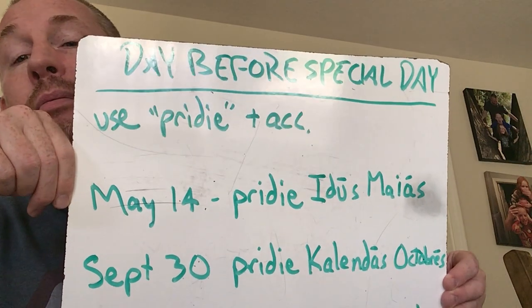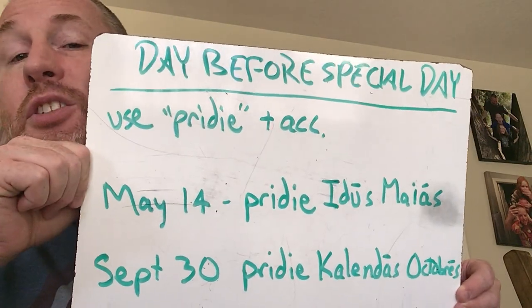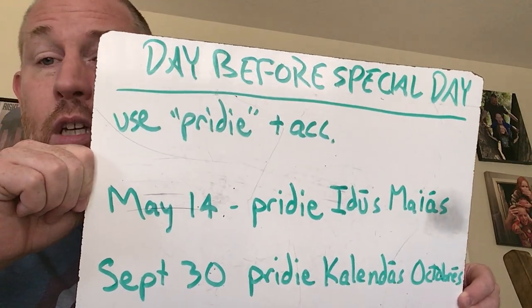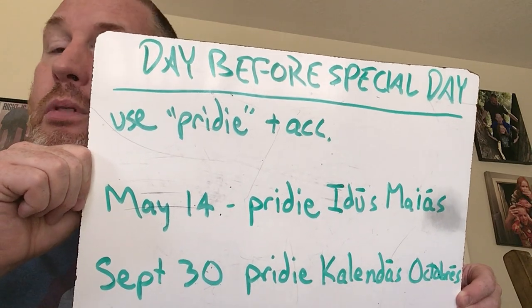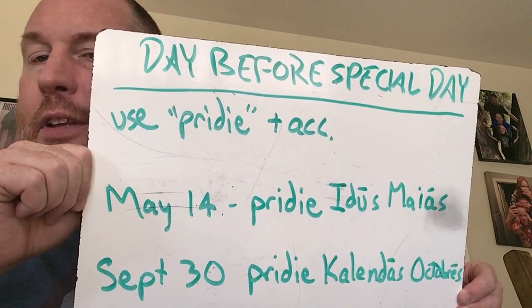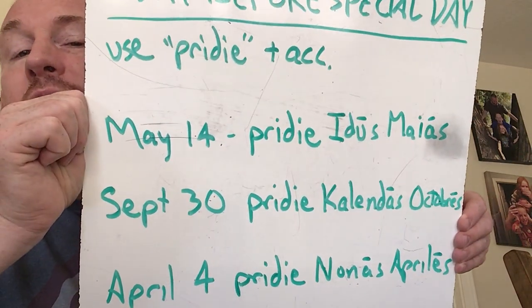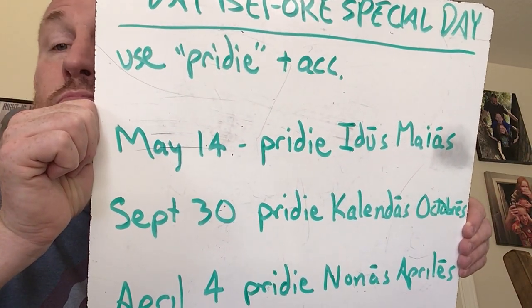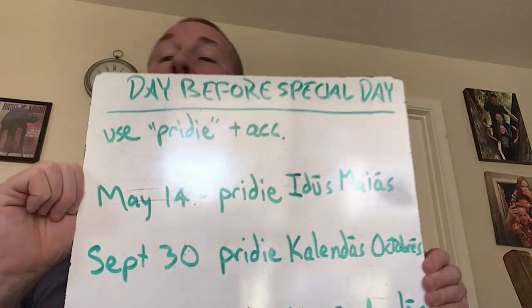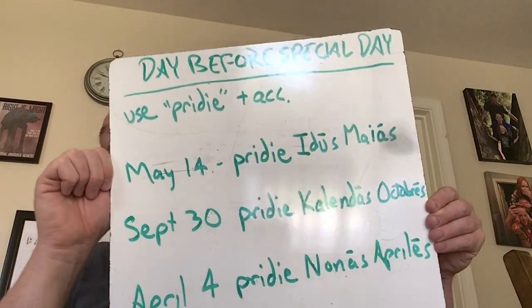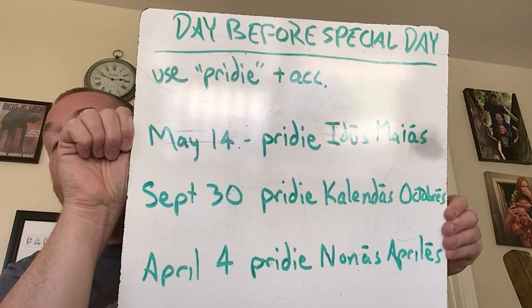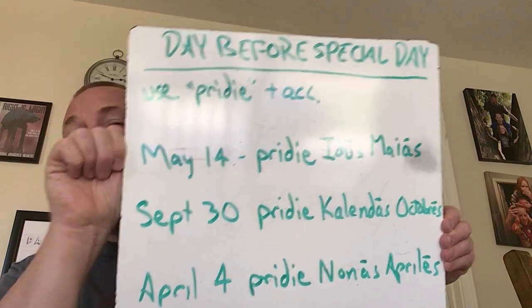September 30th, pridie Kalendas Octobres, because September only has 30 days. And I'm going to show you a little trick on how to figure that out. April 4th, pridie Nonas Apriles. So on the day before the special day, use pridie plus the accusative of the special day.